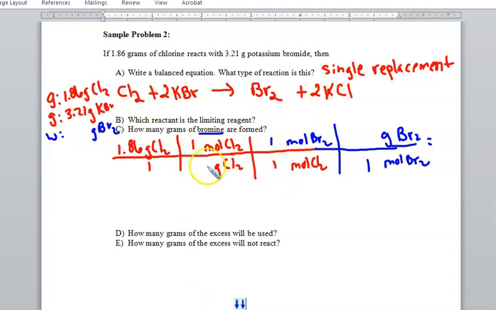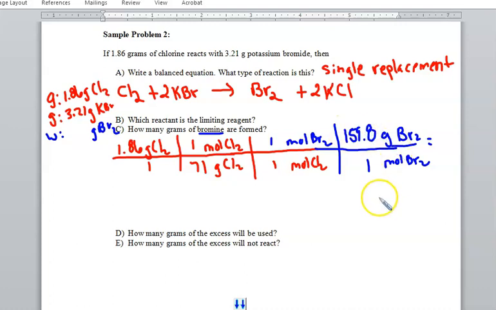This is going to be your molar mass. It's not just Cl, it's Cl2. So it's not just 35.5, it's 35.5 times 2. So this is 71. This is not just Br, it's Br2. Br is 79.9. So 79.9 times 2 is 159.8. That is the molar mass from Br2.